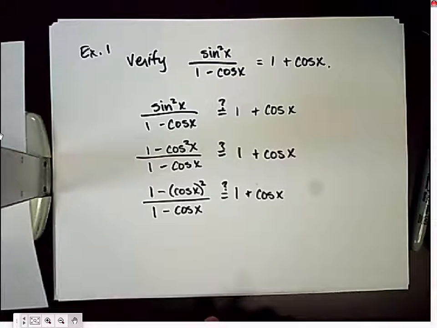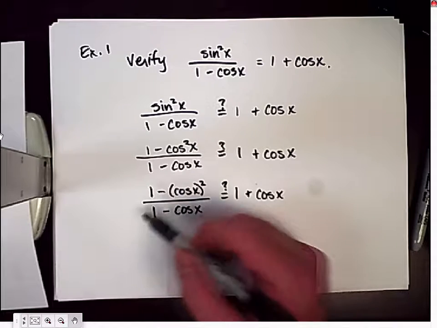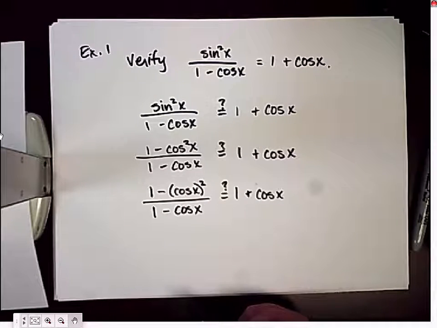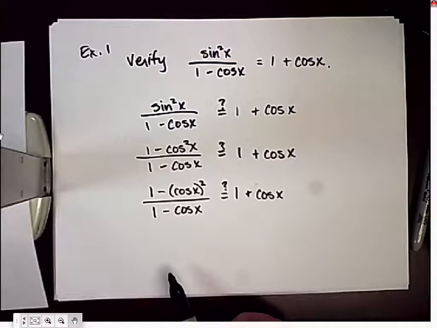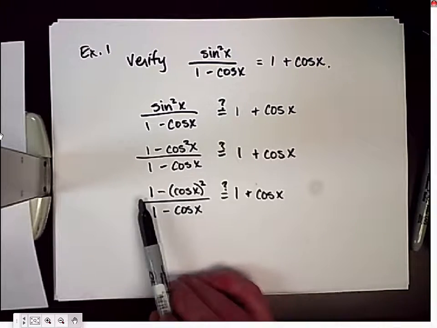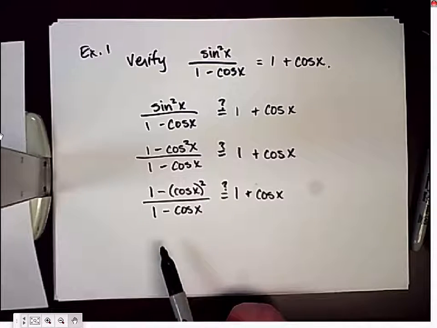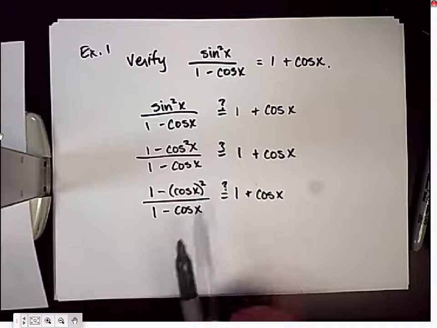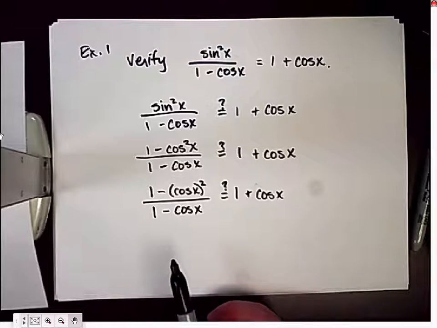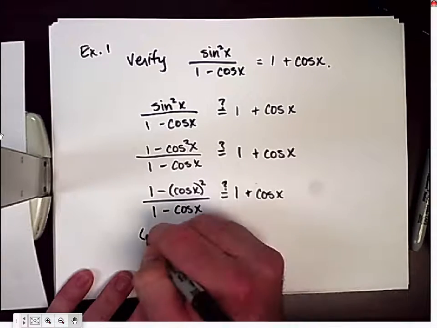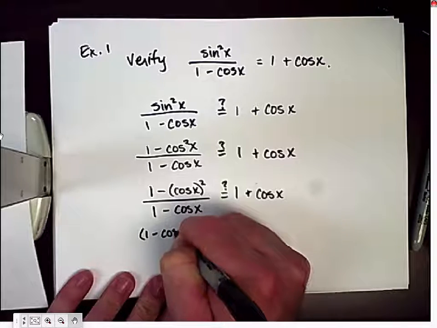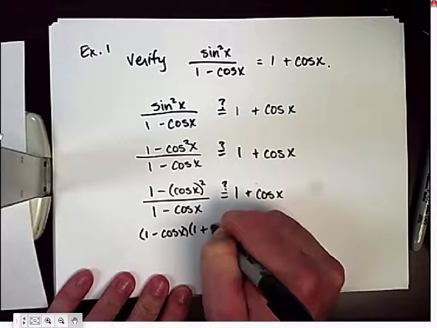Well, at this point, nothing cancels, right? You can't cancel the 1's because those are terms, not factors. Can't cancel the cosines. But the top is the difference of two squares. What if that had been 1 minus x squared? What would it factor to be? 1 minus x, 1 plus x. So 1 minus cosine x squared factors to be 1 minus cosine x, 1 plus cosine x.